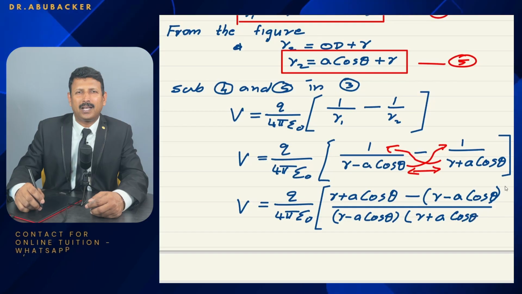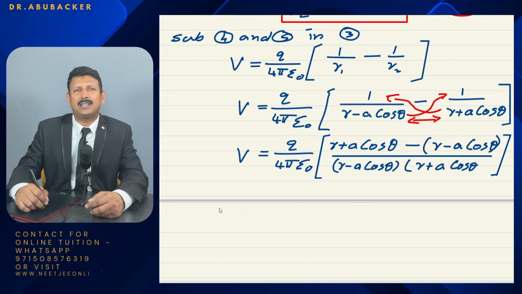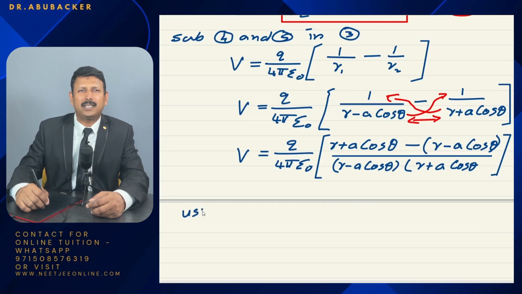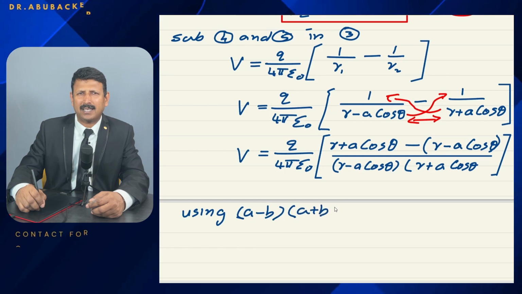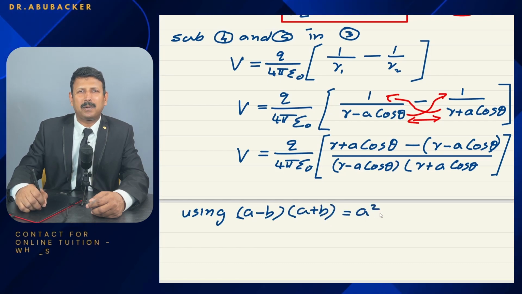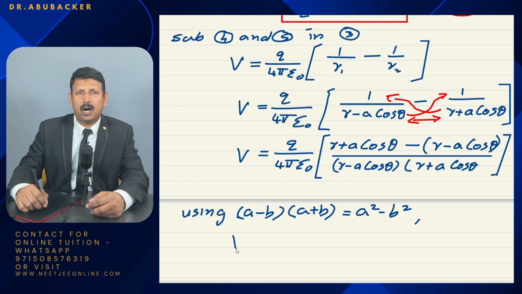Downside, do you feel any identity? r minus a cos theta, r plus a cos theta. Yes, matching with one identity, right? So we write that one using a minus b into a plus b. It is exactly like that, right? So a minus b into a plus b is equal to a square minus b square. So here a stands for r and b stands for a cos theta.